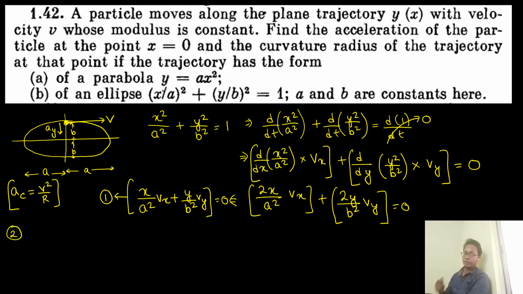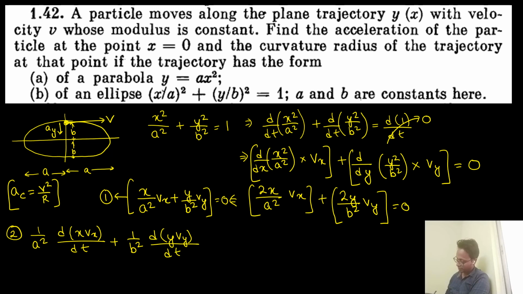One more doubt some of you have: sir, how do I know you have to differentiate this equation? It comes with a little bit of practice. Okay, let's do it. So 1 by a square into d of x vx by dt plus 1 by b square d of y vy by dt is equal to 0.